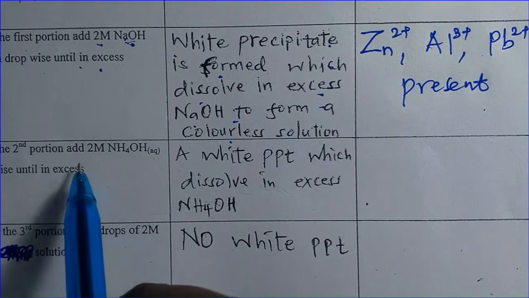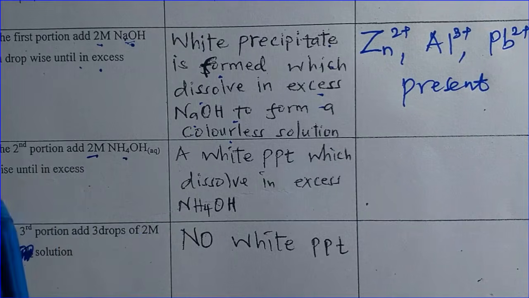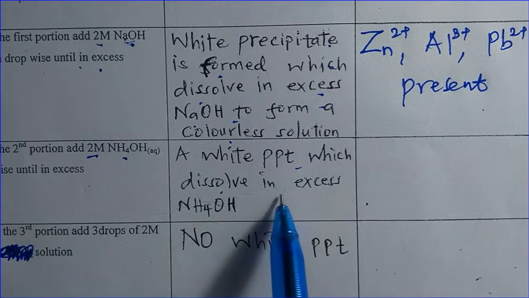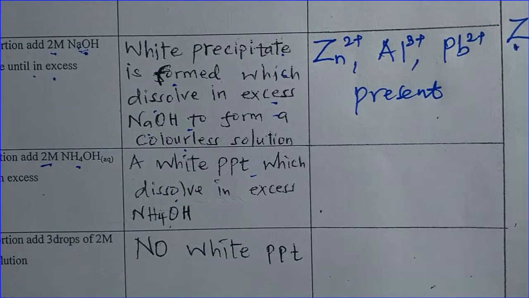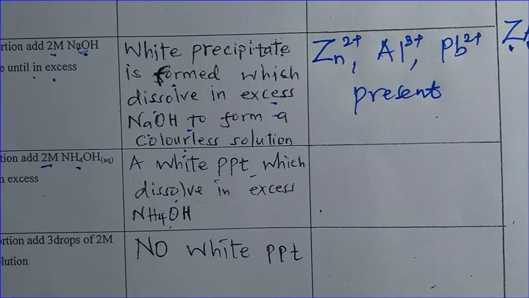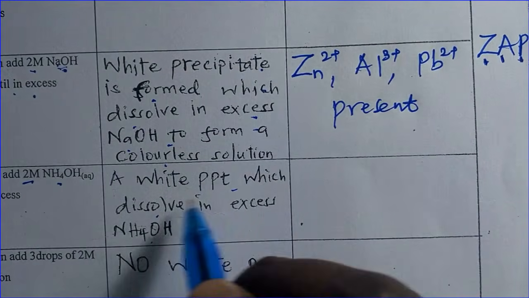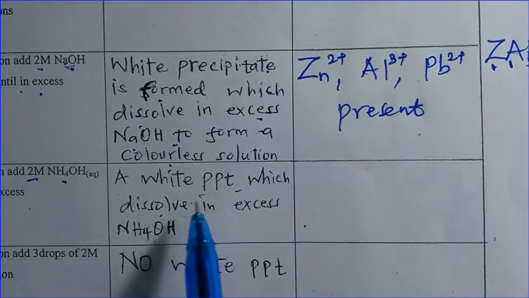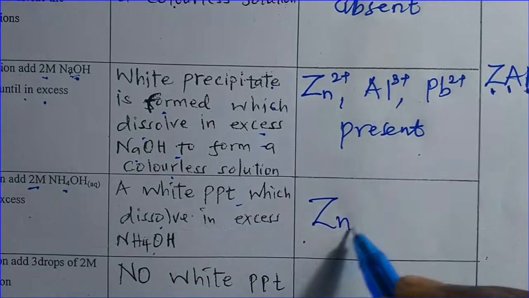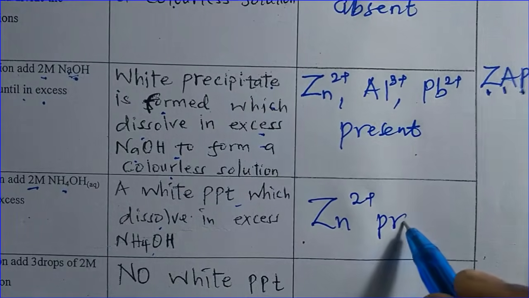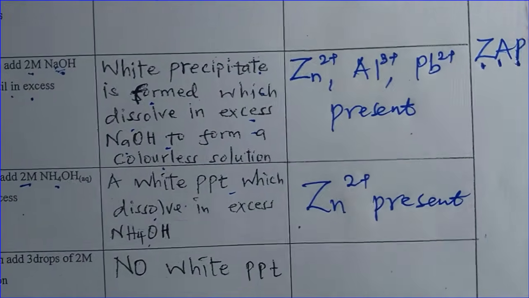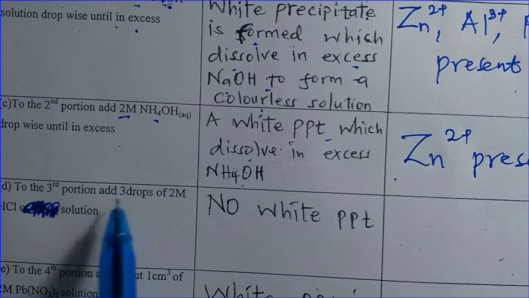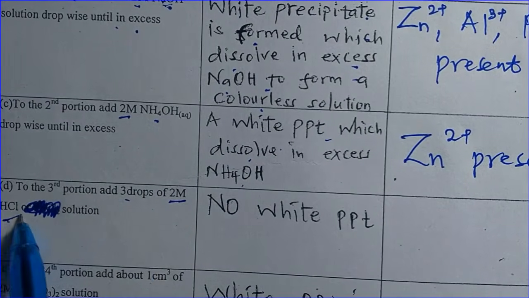To the second portion, add 2 molar ammonium hydroxide or ammonia solution. A white precipitate is formed which dissolves in excess. If it dissolves in excess to form a colorless solution, then it means what is present is zinc. So due to this observation, the zinc 2 ions are present or confirmed, meaning aluminium and lead are absent. To the third portion, add 3 drops of 2 molar HCl.